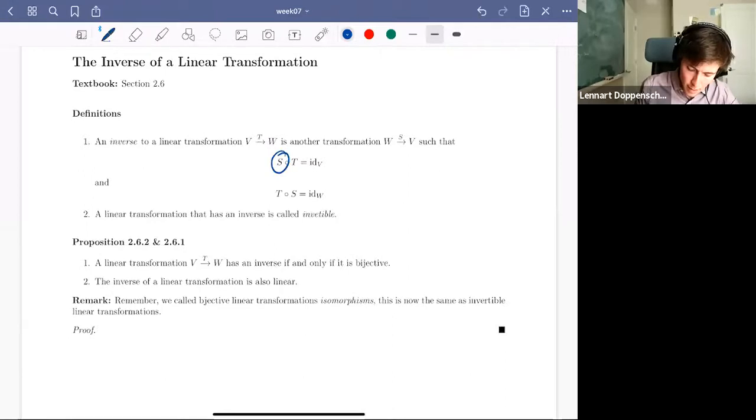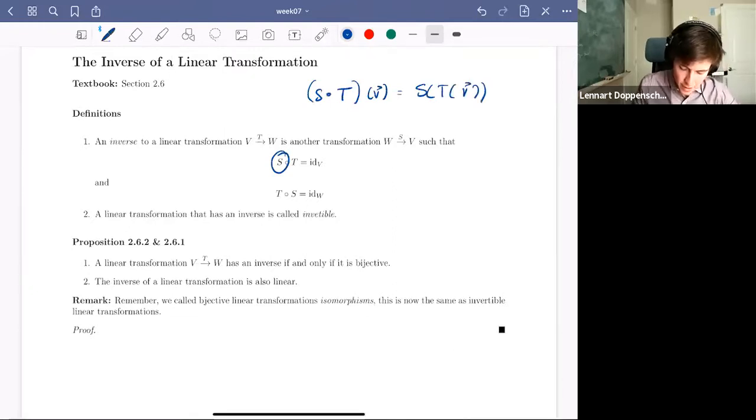So if you compose T with S, remember that S composed T applied to a vector is S of T of v. And if this first condition is true, so I'm saying that if T is a transformation from V to W, and S is going the opposite way, you may want to write this as two arrows going from left to right.